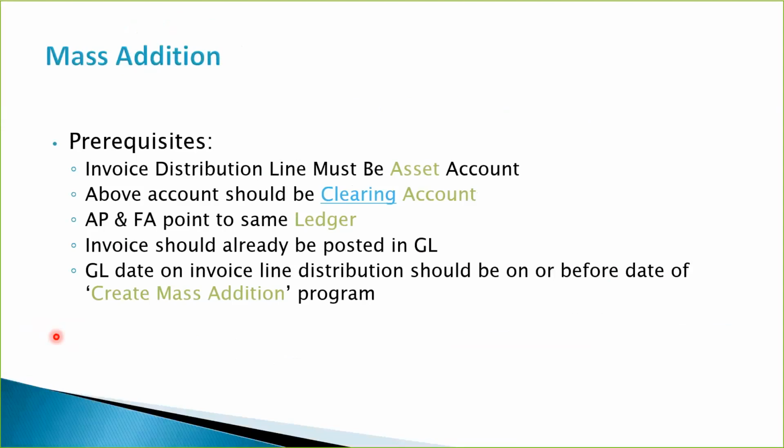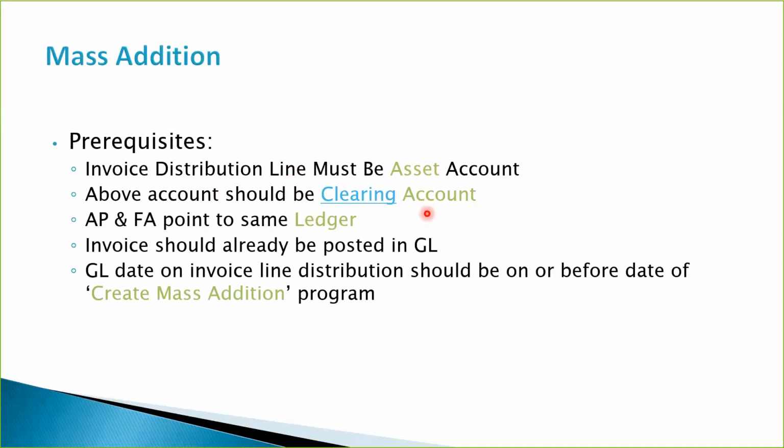Remember, in the distribution for the invoice is where we usually enter the expense account, for example. In our case, we have to make sure that this account is a clearing account defined for a particular asset category in our book.